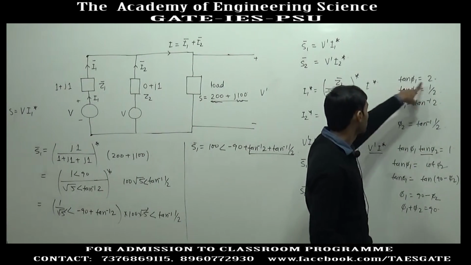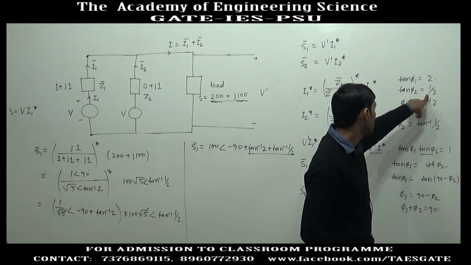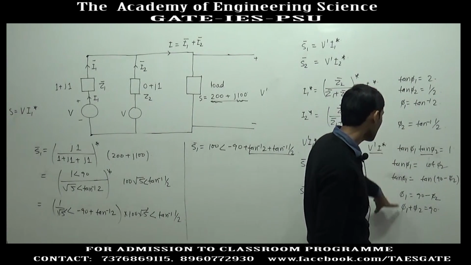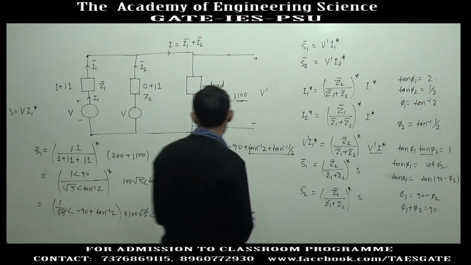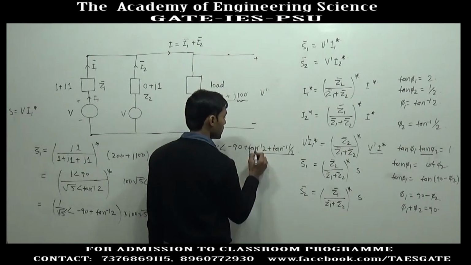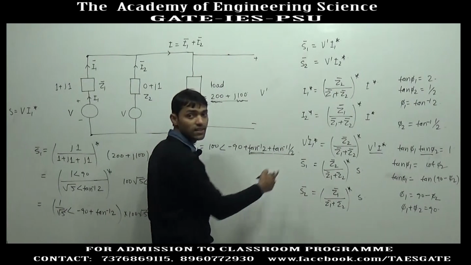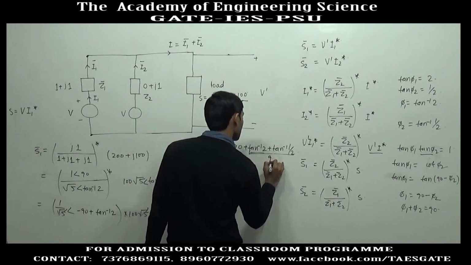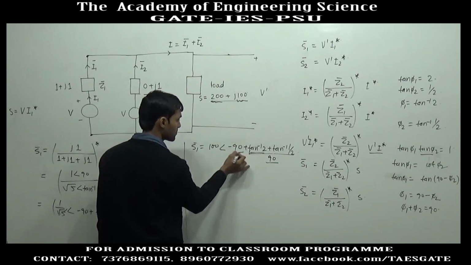So, if tan phi 1 equals 2 and tan phi 2 equals 1 by 2, then phi 1 plus phi 2 will be 90 degrees. So, tan inverse of A plus tan inverse of 1 by A is always equal to 90 degrees. This angle contributes plus 90, this is minus 90.